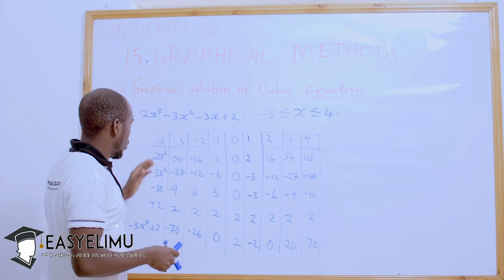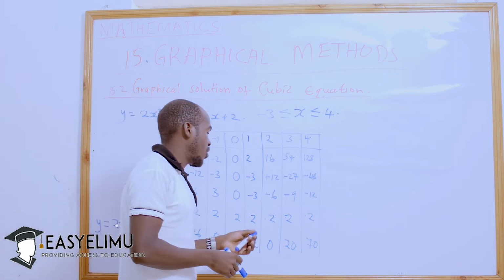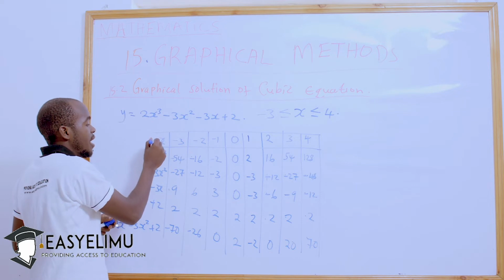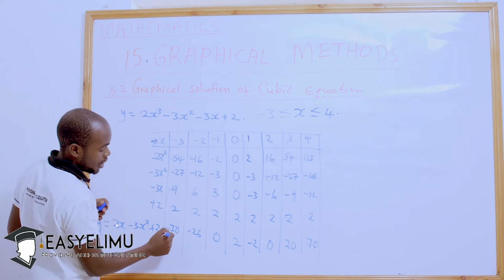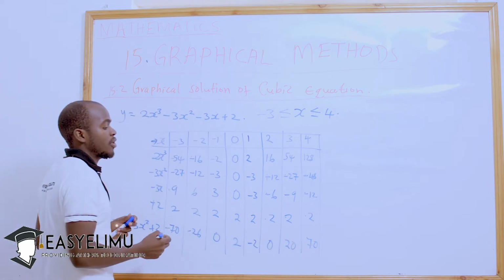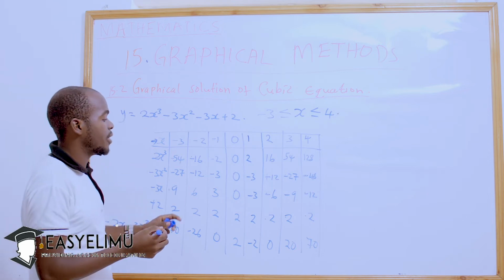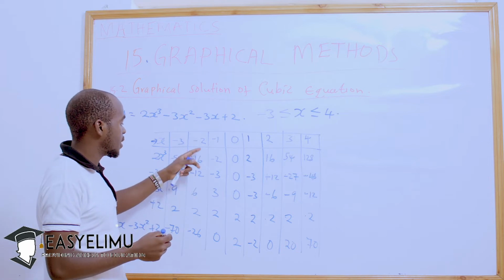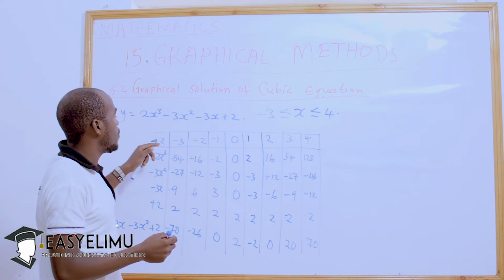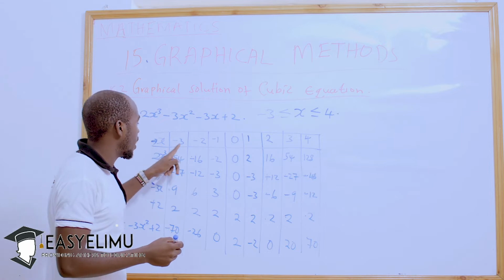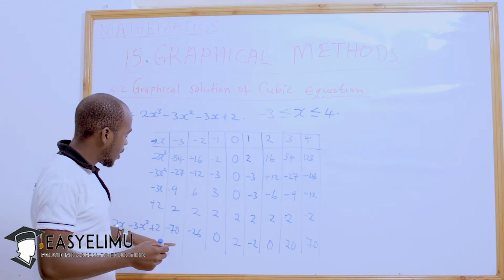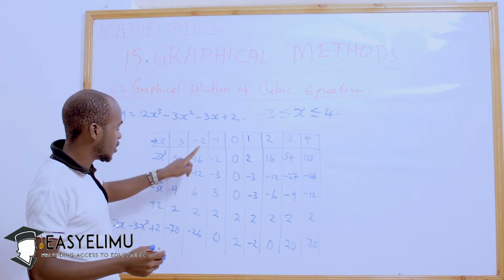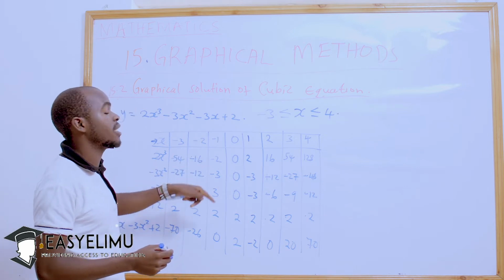That is how you construct that table, and you will find the corresponding values of x are here, and those of y are in the lowest part of the table. On the graph, you will be plotting the values of x against the corresponding values of y. If x is -3, then y is -70; for -2, it is -26. That is how you plot.